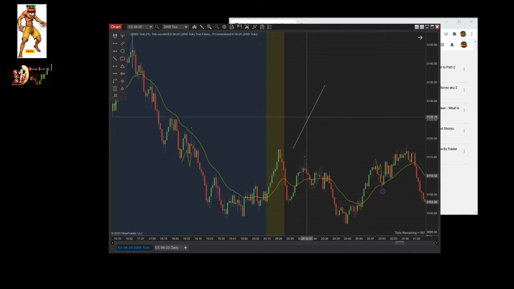What you are waiting for to take a Shoryu trade is for this impulsive move, or the short-term trend line, to break, to do basically the Shoryu trade.